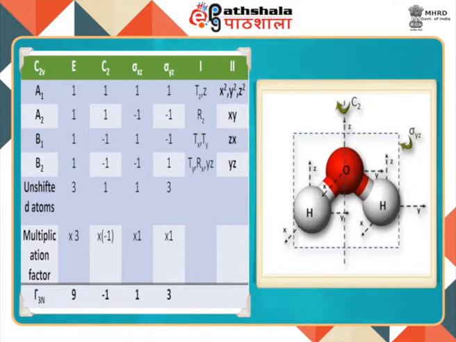If to this I multiply by the multiplication factor, as we have learned in the earlier modules, for 3n vectors as the basis for representation, we get these characters: 3, minus 1, 1 and 1. So we get tau 3n, a reducible representation. This tau 3n can be reduced by following the standard reduction formula, and the results are obtained as given over here.